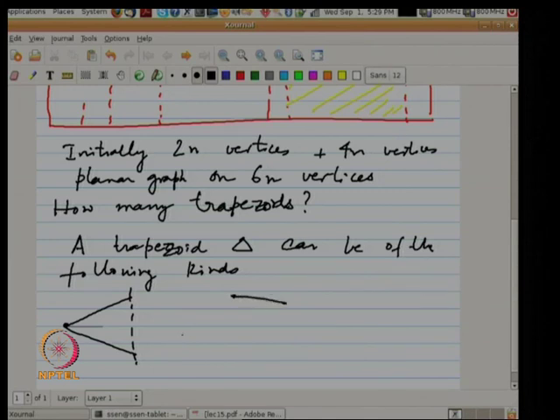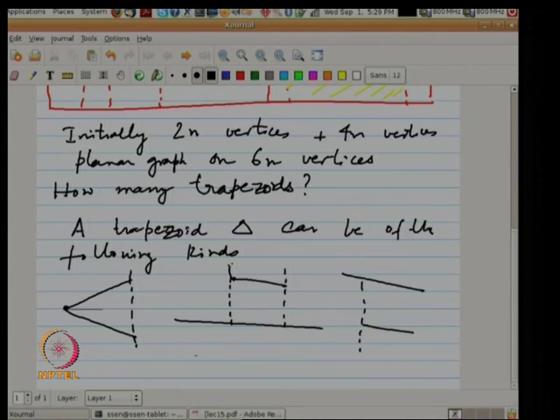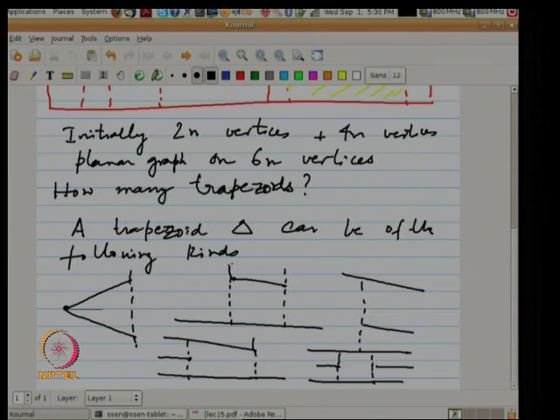Okay. So, other possibilities are that I have something like this, and perhaps the most complicated would be defined by 4 line segments.